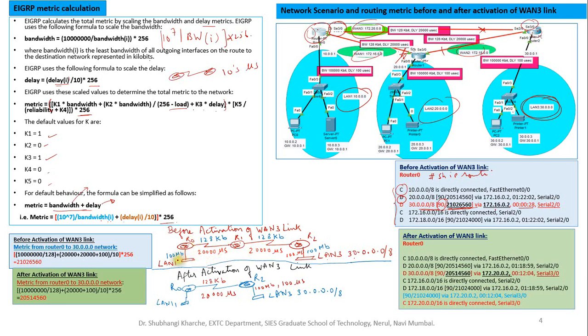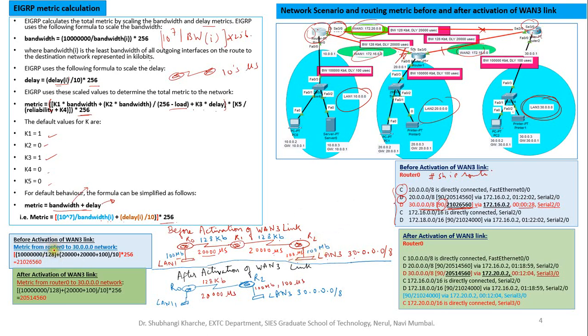The bandwidth on the fast Ethernet interface is 100 MB. The bandwidth on the outgoing link of R0 is 128 KB, and the delay on this link is 20,000 microseconds. The outgoing interface of R1 has 128 KB and a delay again of 20,000 microseconds, and on R2 the fast Ethernet interface has a bandwidth of 100 MB and a delay of 100 microseconds.